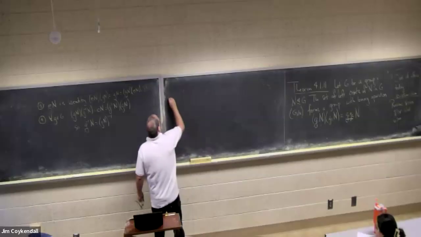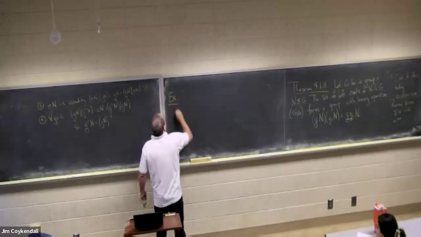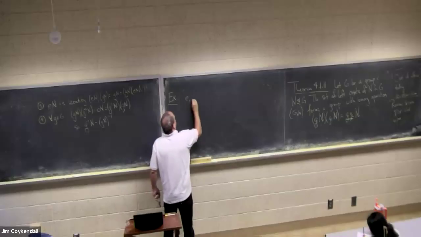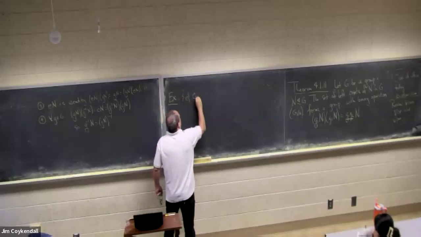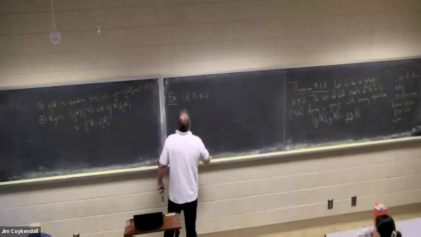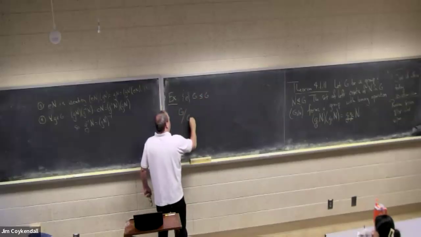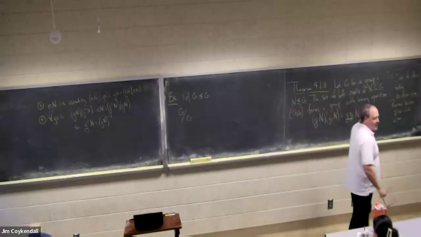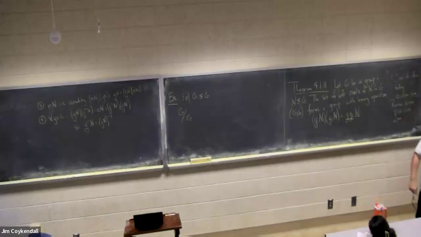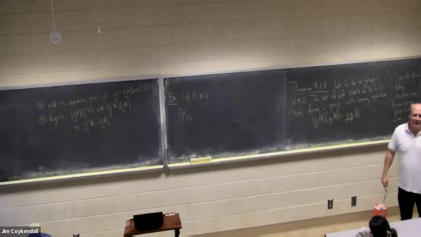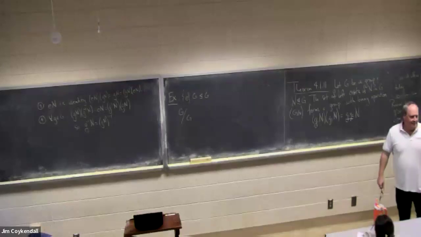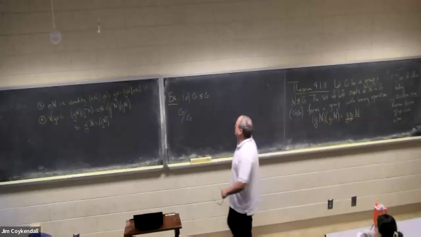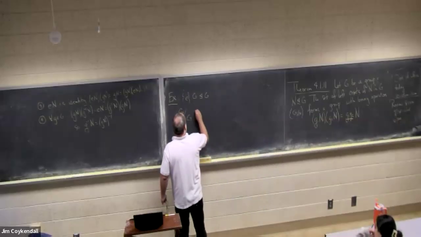So here, E and G are both normal in G. What's that group, G mod G? What's that? That's right, it's the identity.